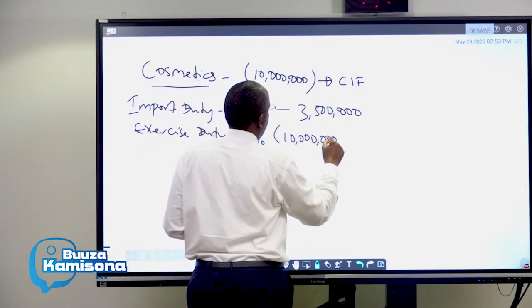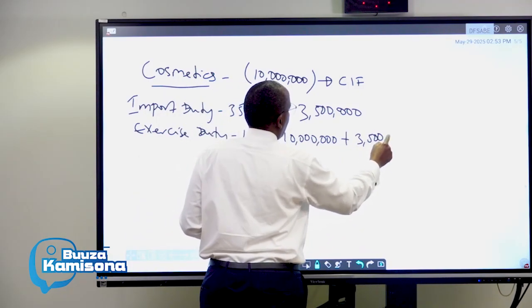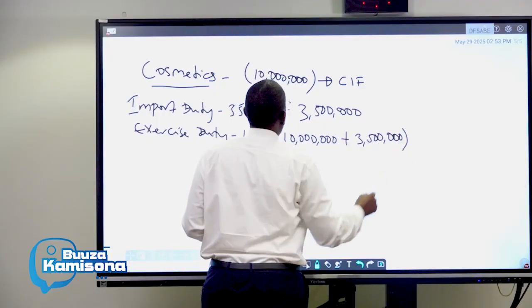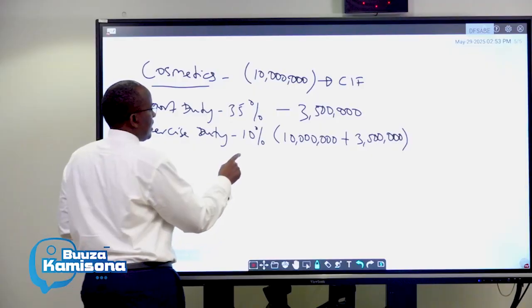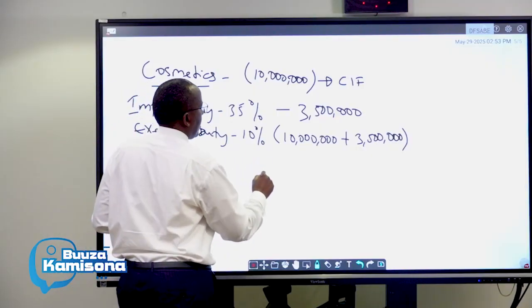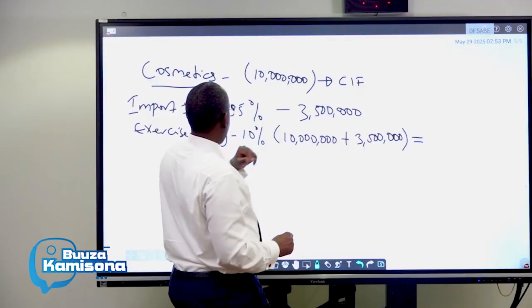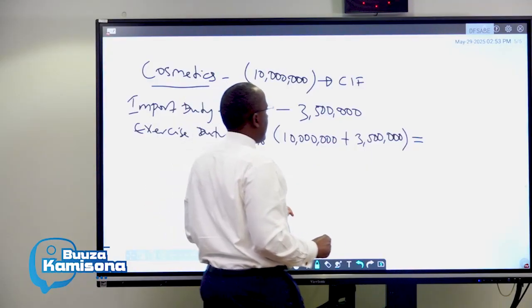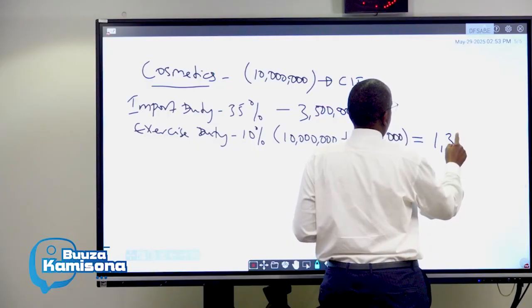So CIF plus the 3.5 we've just added as import duty gives 13.5 million. 10% of that will be 1.35 million.